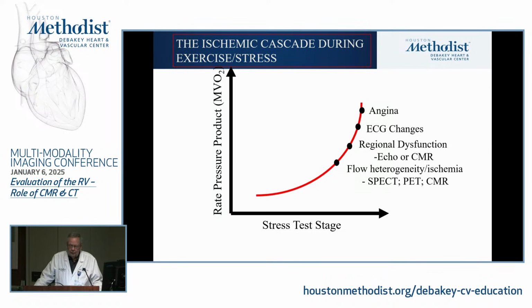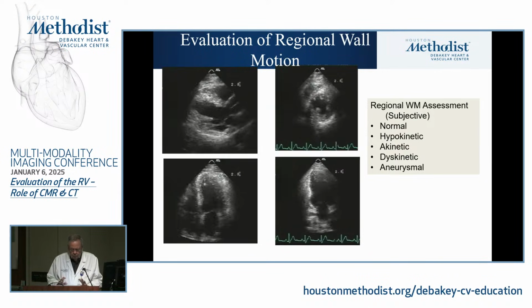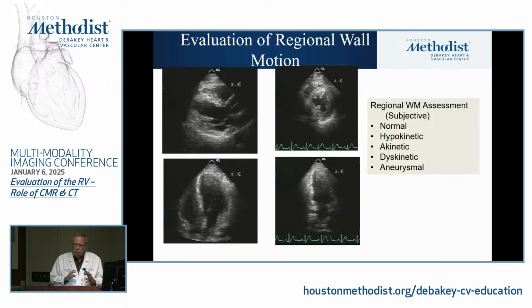You put these people on a treadmill under supervised conditions, they get ischemia, you are able to make a diagnosis. However, the patient stops because of being tired and never complains of chest pain. At home, they have it. Very interesting.